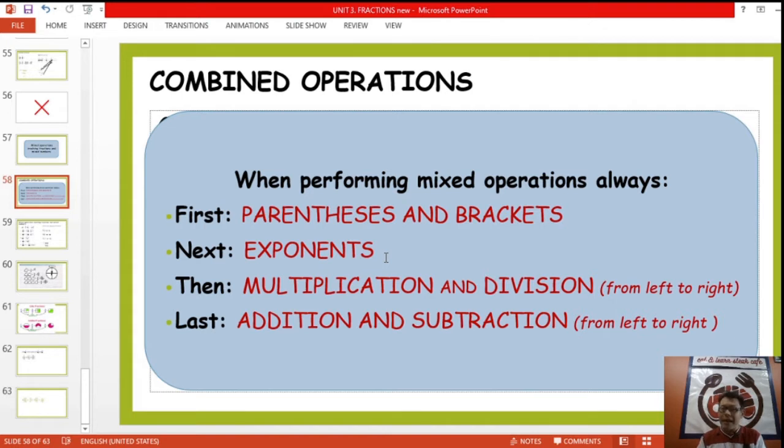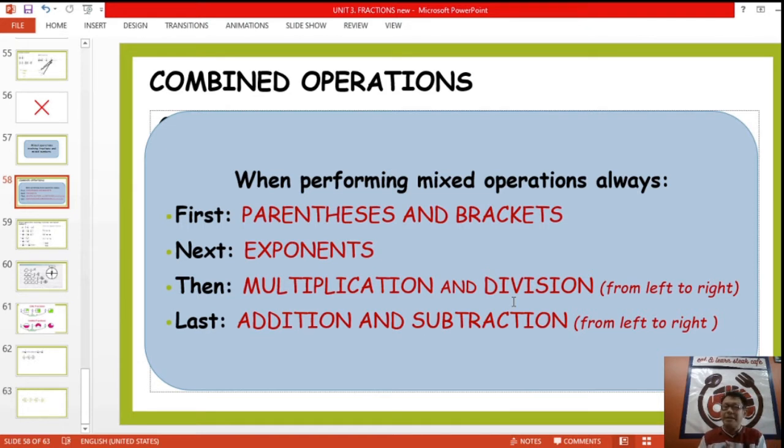And then the next step is to deal with multiplication and division, again from left to right. It doesn't matter if division comes first, you do the division, then multiplication. That's what is meant by from left to right. And the last you have to deal with will be addition and subtraction.